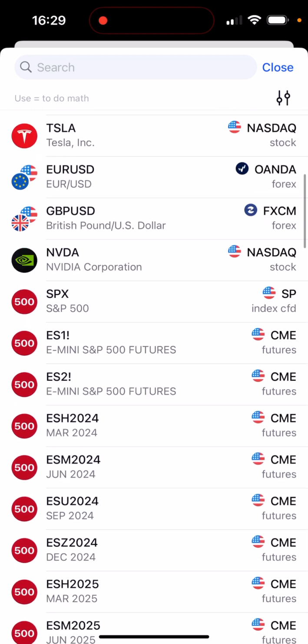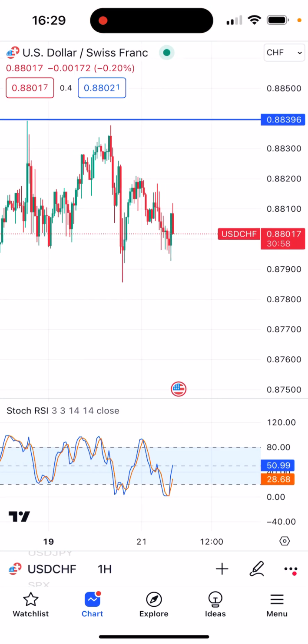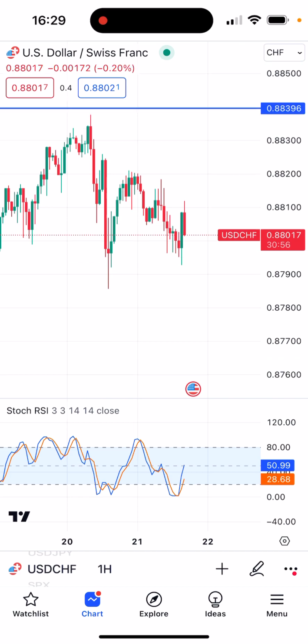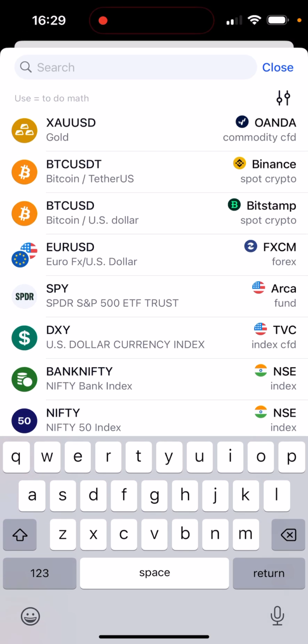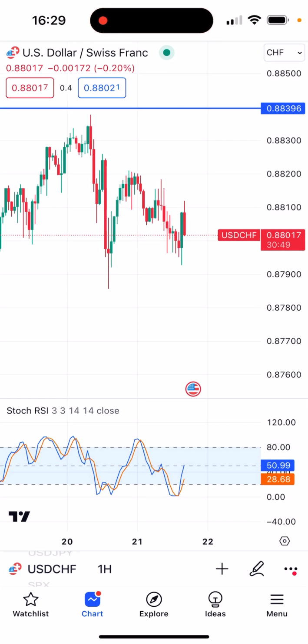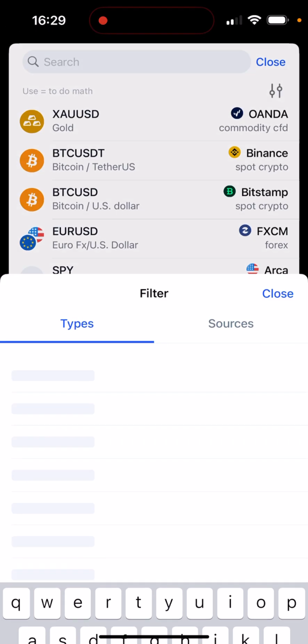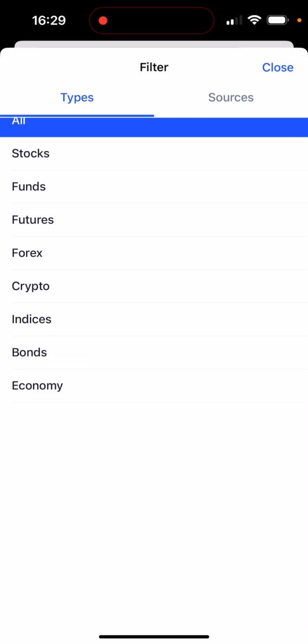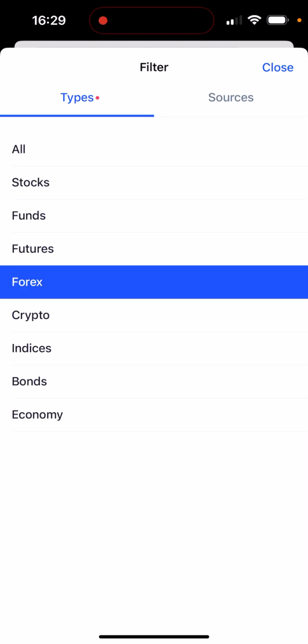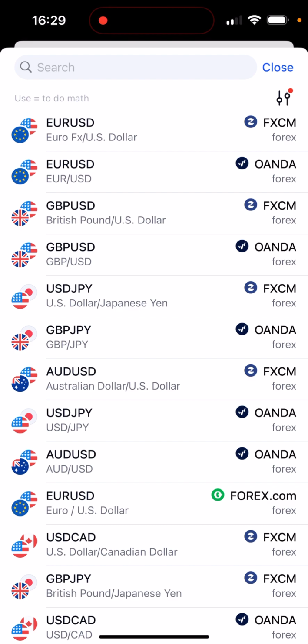There's a lot of pairs that you can trade, obviously, but I normally stick to the major ones. Actually, let me mark out the pairs that I trade. Okay, so I'm going to mark it out for you.